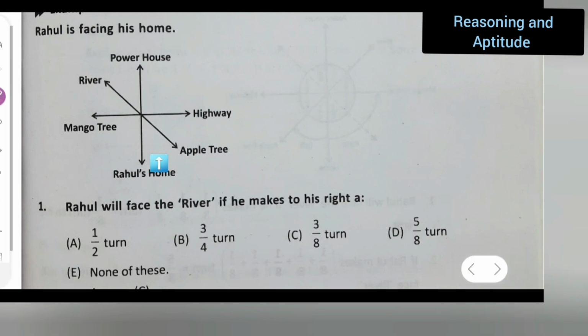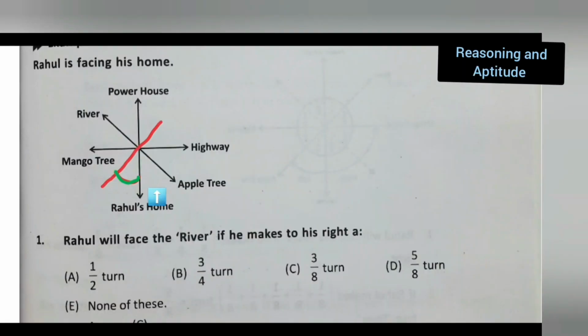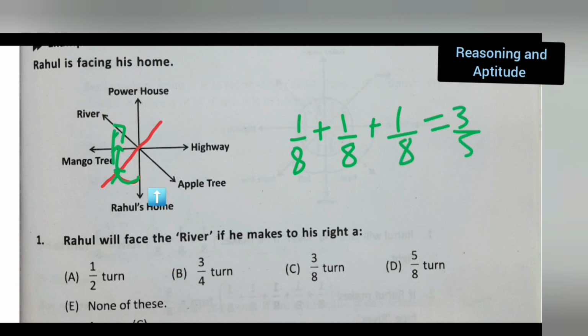So there will be one more line which will pass. And if it is moving towards the right, this will be 1 upon 8 plus, again it will go like this, 1 by 8 plus 1 upon 8, so it will get 3 upon 8.